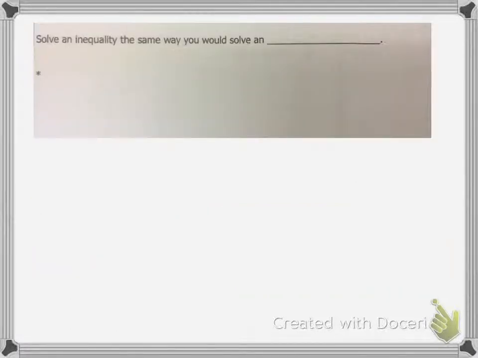Now, when you solve an inequality, you solve it the same way that you would solve an equation. But we do have a special rule, and we'll get into that a few slides from now.